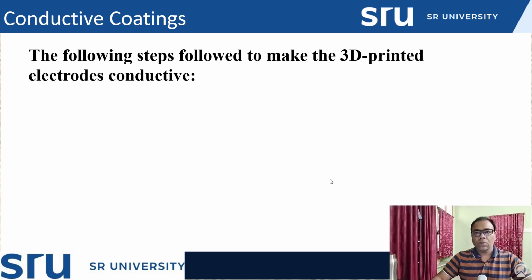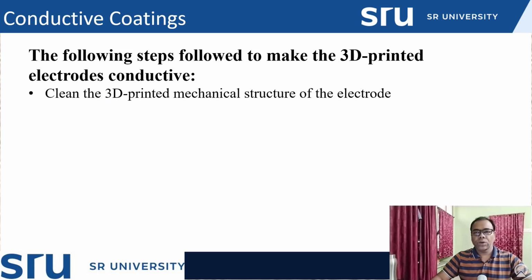Now we have to understand the coating of the electrode. For coating the electrode, there are certain steps one has to follow. First, we have to clean the 3D printed part. Whatever electrode design you have made has to be cleaned first with a proper cleaning mechanism, so that the surface of the electrode is properly cleaned.